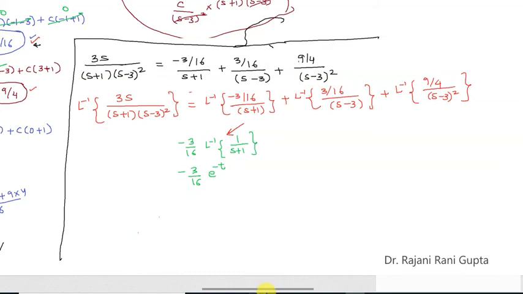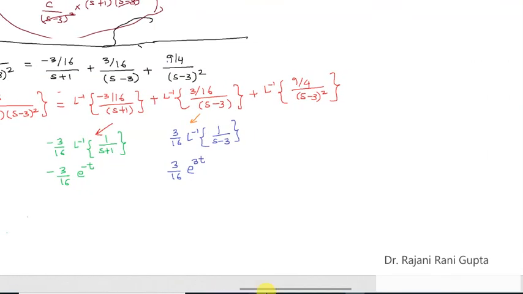Okay, now for the second term, this can be written as 3 over 16 Laplace inverse of 1 over s minus 3, which is 3 over 16 e power 3t. Now comes the third term.